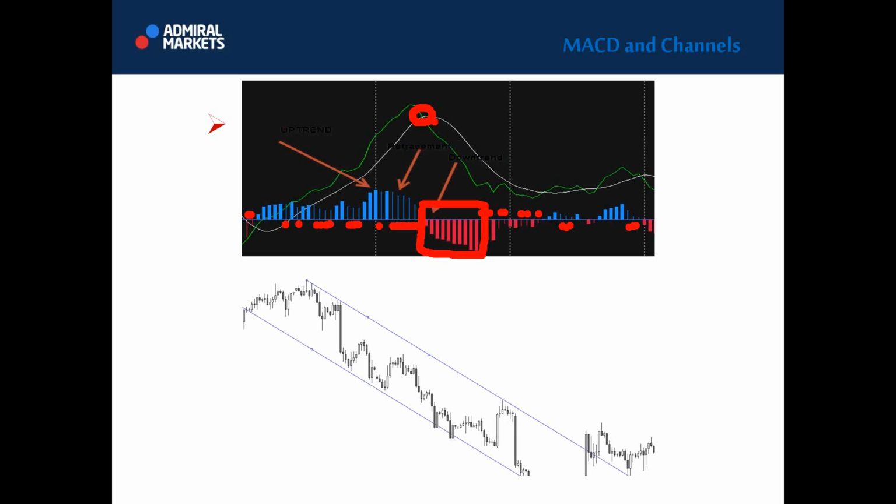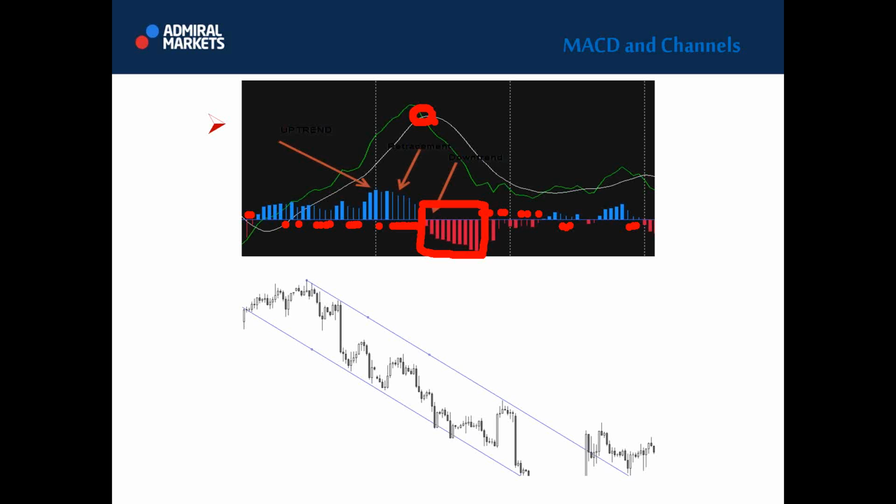So the trend starts with a cross. Remember that on MACD the trend starts with a cross. It goes up with thick building bars above the waterline. It goes down as a retracement with thin bars above the waterline.